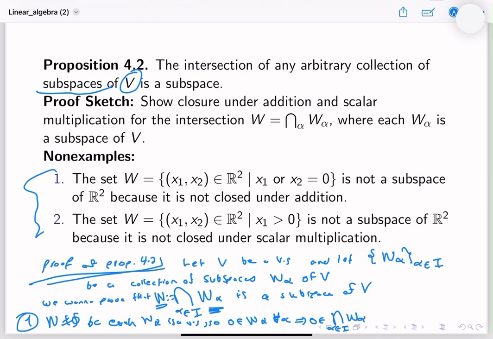So check which of these properties fails for these two sets. Give yourself counter examples and check that these are in fact not subspaces.